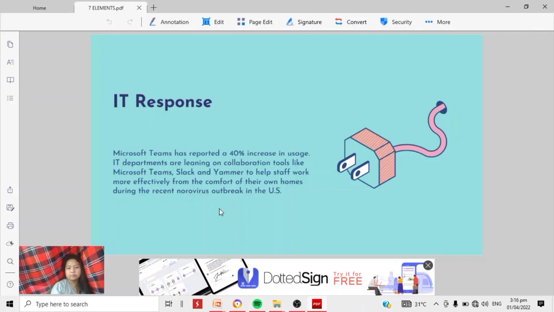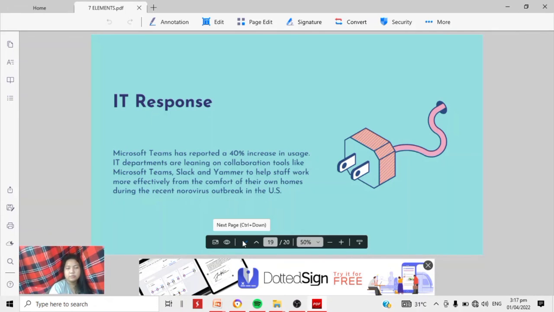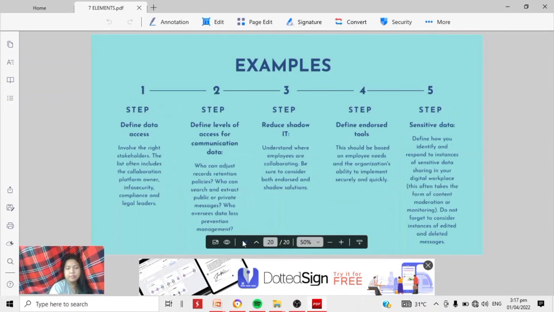Employees use Microsoft Teams to create their projects, their assignments, to do their tasks, right? It's easy to use, it's easy to learn.